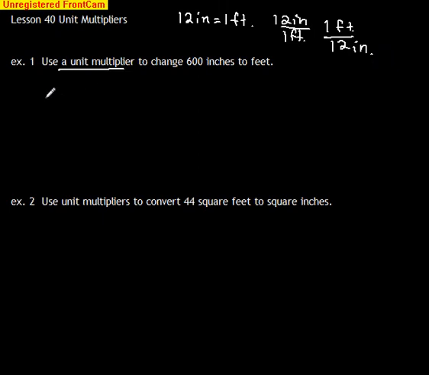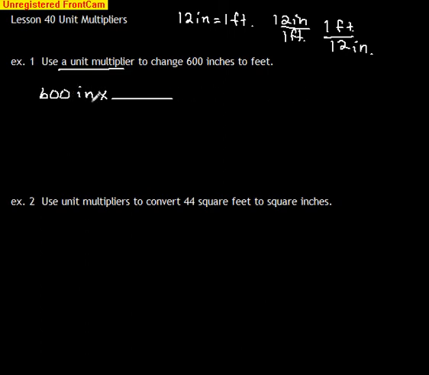So we're going to change 600 inches into feet. Now it says use one unit multiplier, so we're just going to take it times, and it depends on how many they say. If they want one unit multiplier, we just make one fraction bar for our unit multiplier. If they say use 3 unit multipliers, we would do times and then 3 of these lines.